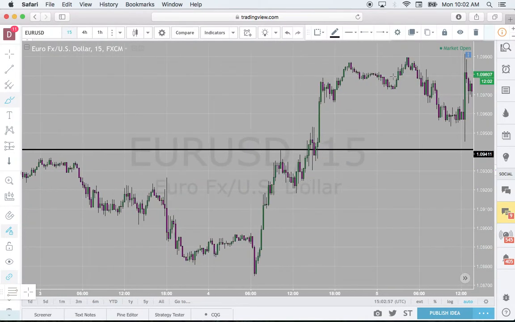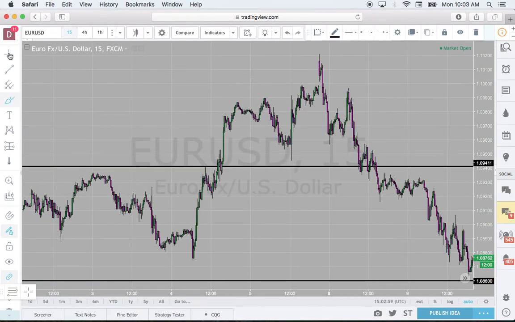Okay, here's an okay one. This looks like somewhat of a wedge. It could be one of those uptrending wedges, whatever they're called.